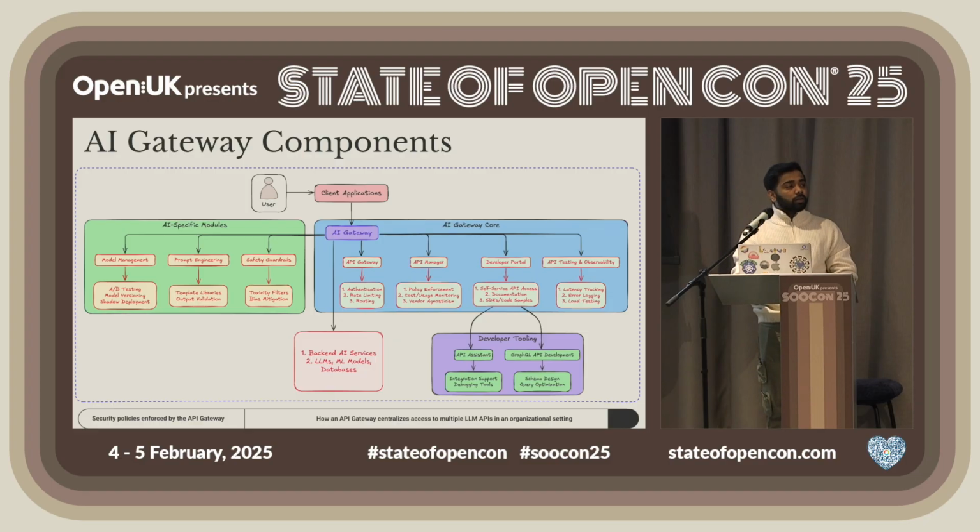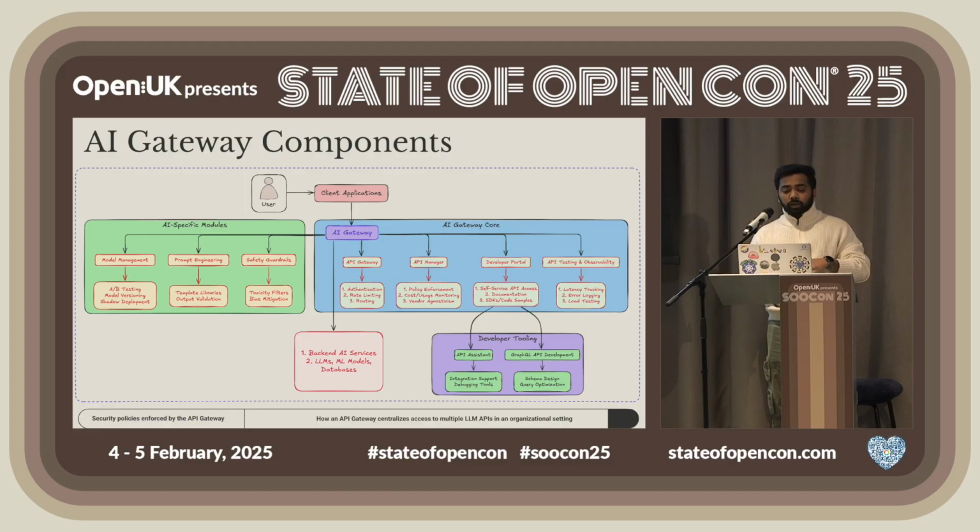So let's say the user is interacting with your client applications. It can be a chatbot, or your AI powered SaaS platform or something. Then the application needs access to AI models like your LLMs or any services you are using.